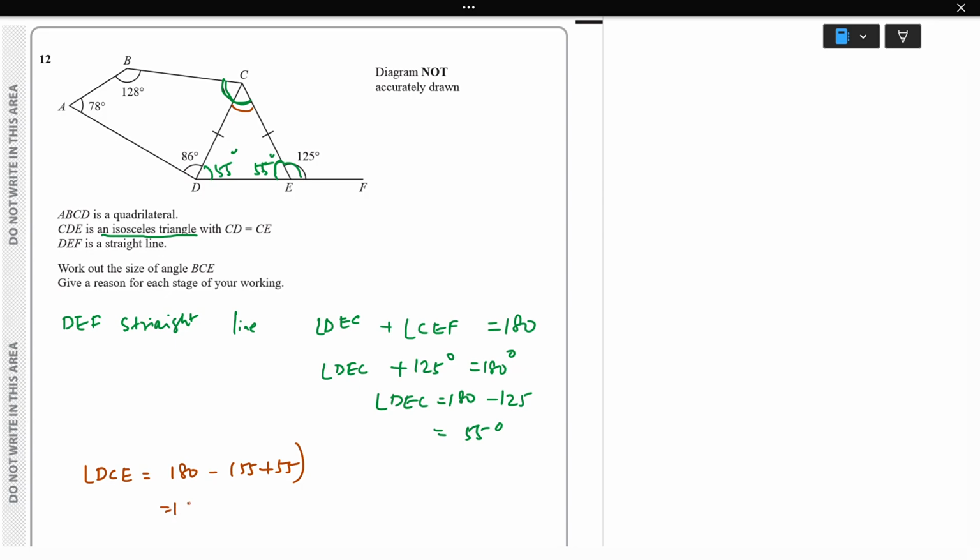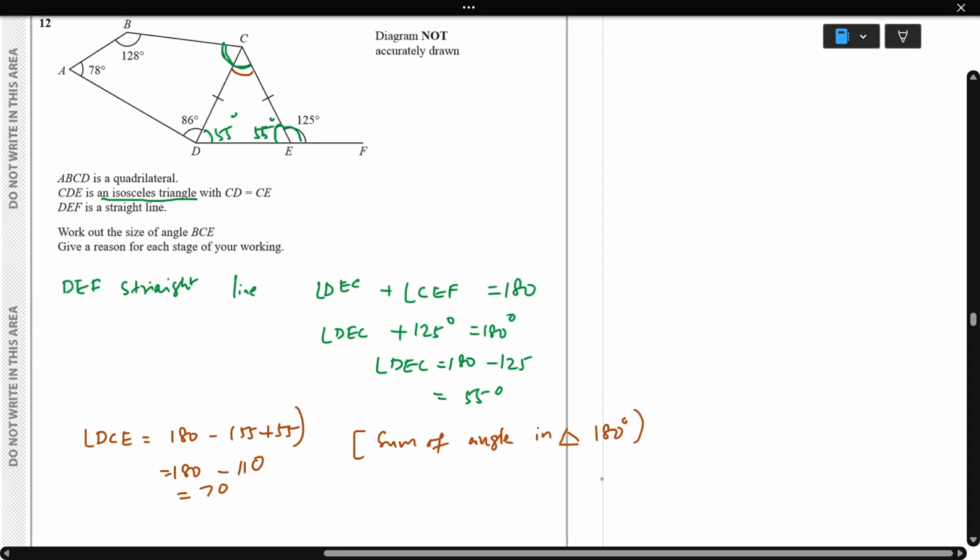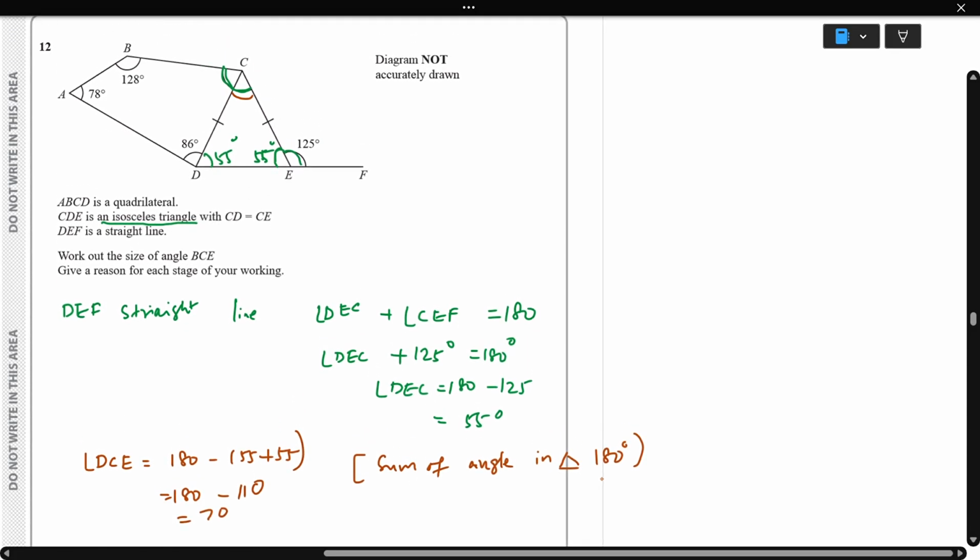So we can write 180 minus 110, which is equal to 70. The reason is the sum of angles in a triangle is 180 degrees. So that one we used. So this one we got now, this is 70. Now we need to find this angle.